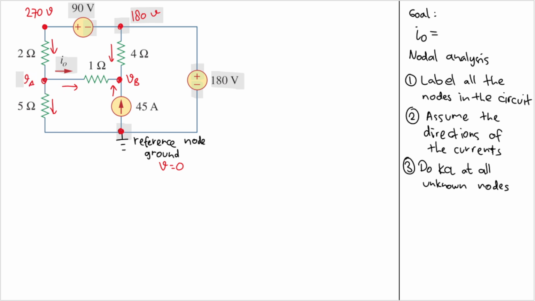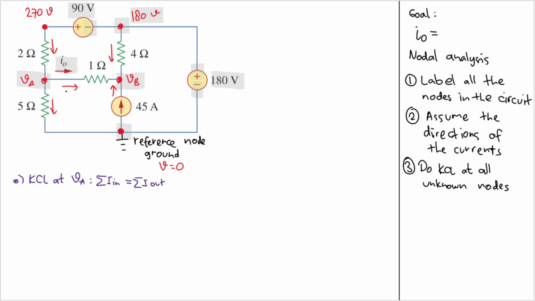We have not known VA yet, and also we have not known VB yet. So we need to do KCL at VA and VB. Let's do exactly that. The first KCL that we need to do is at VA. KCL says that the sum of the currents that go in will equal the sum of the currents that go out, right?